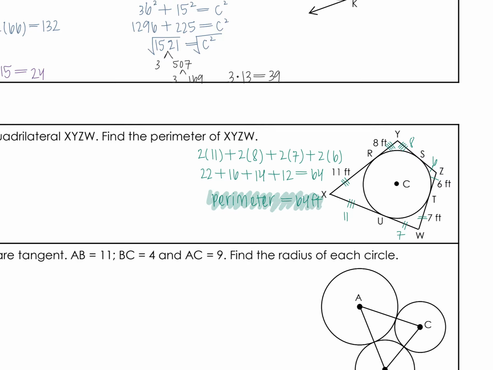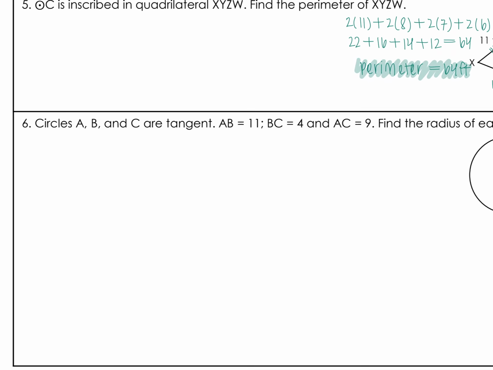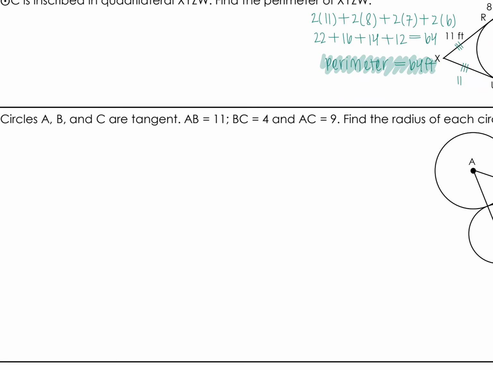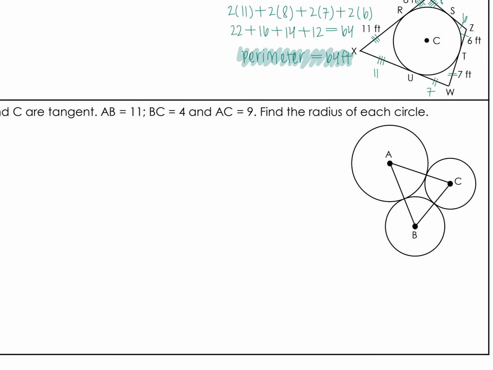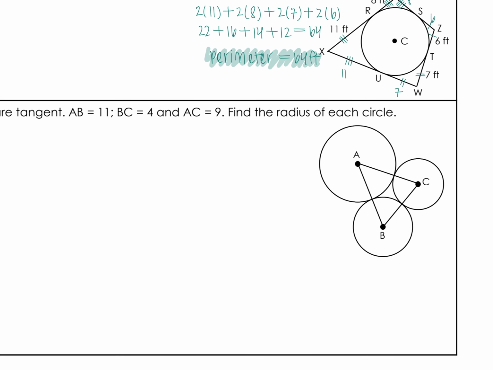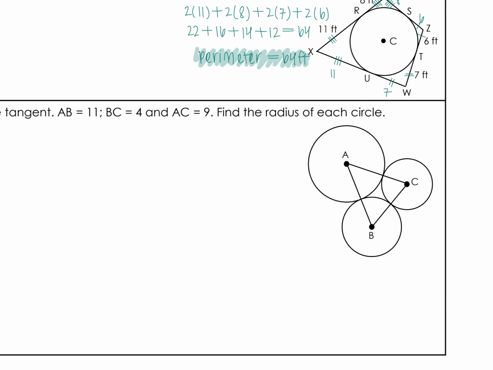All right, now we are on to our final problem for these notes. We have circles A, B, and C are tangent to each other. We have that AB is going to have a length of 11. So this entire thing has a length of 11.